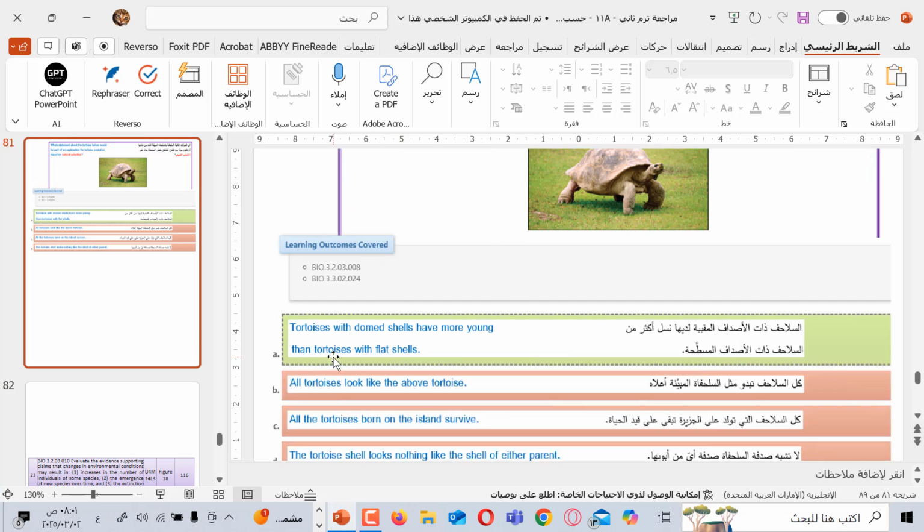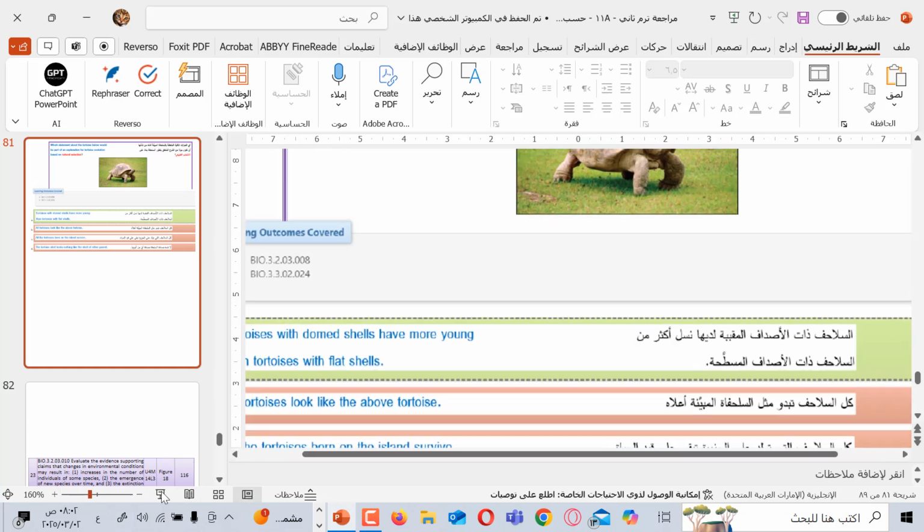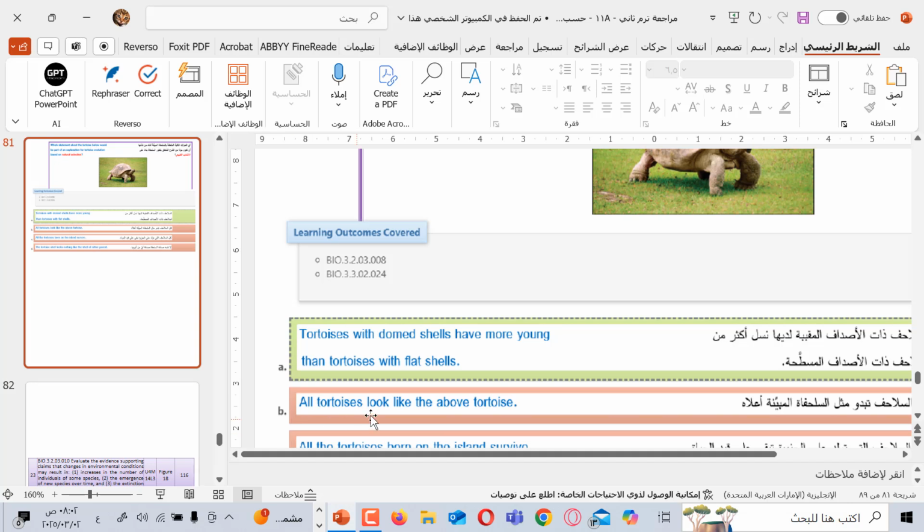This one: turtles with domed shells have more young than turtles with flat shells. Okay. Let me make it bigger so you can read it.